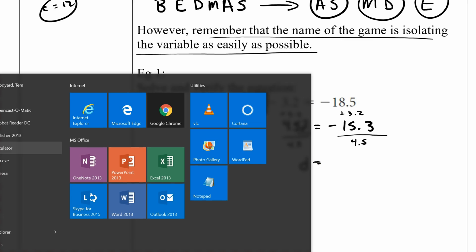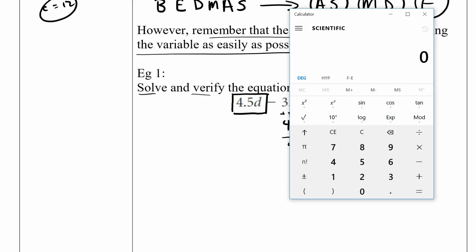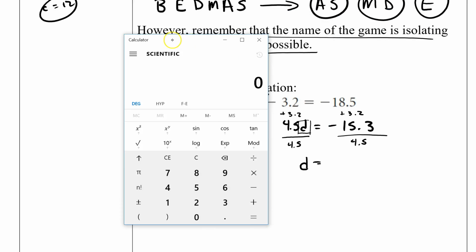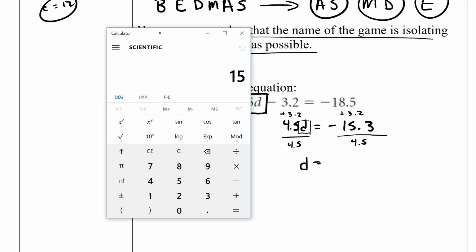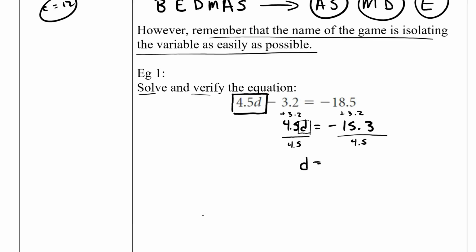And let's bring up our trusty dusty calculator here. And we have 15.3 divided by 4.5 equals 3.4. Now here's the tricky bit.